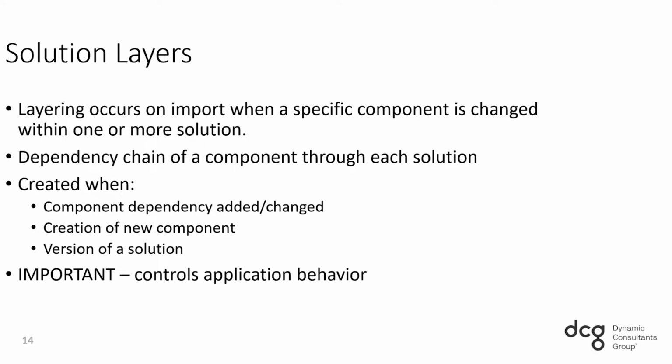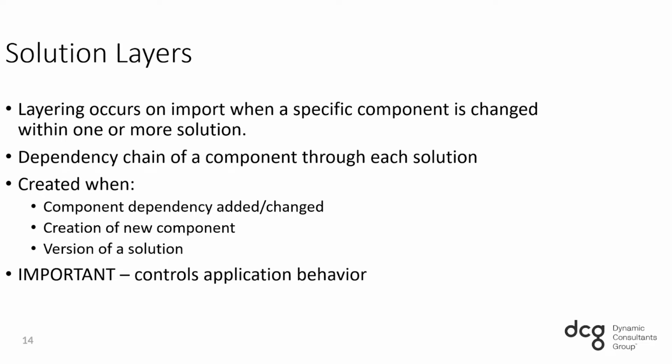So layering, what is layering? The solution layering. Layering occurs on import when a component is changed within one or more solutions. So when I change something and I import it on a managed solution, it adds a layer. There's a dependency chain of a component through each solution.